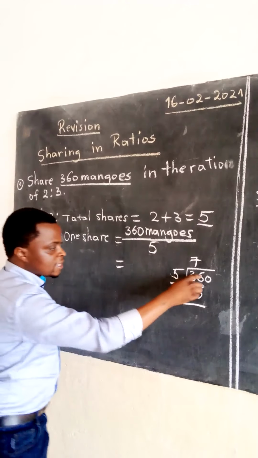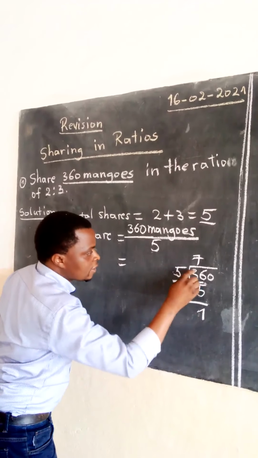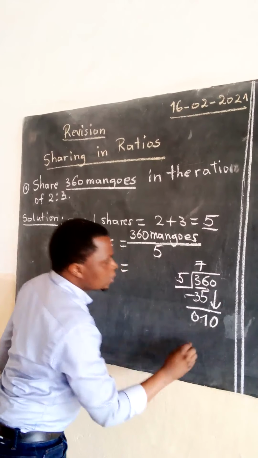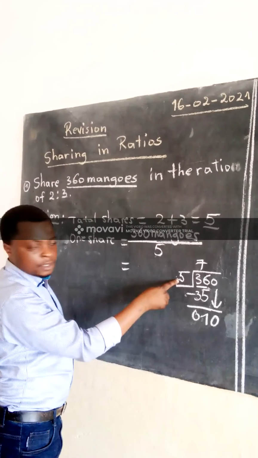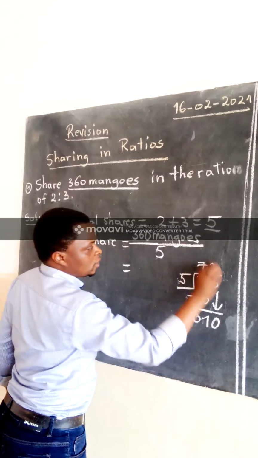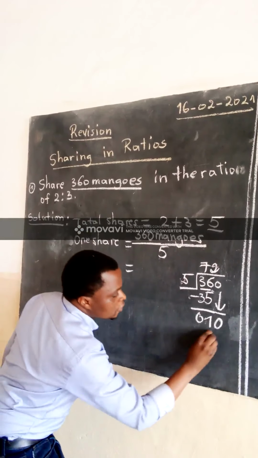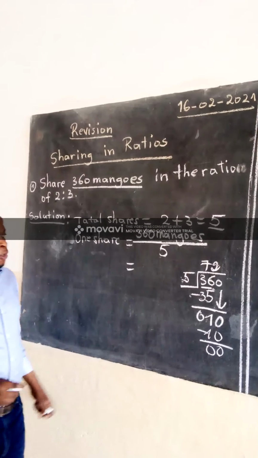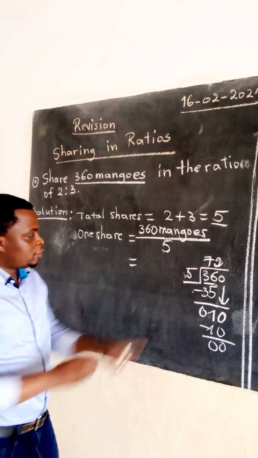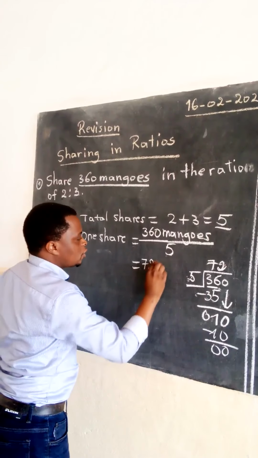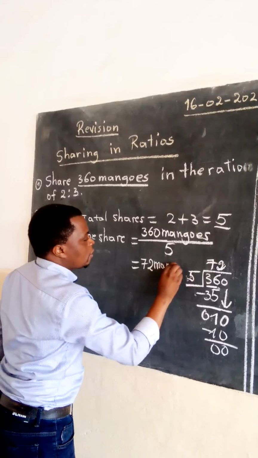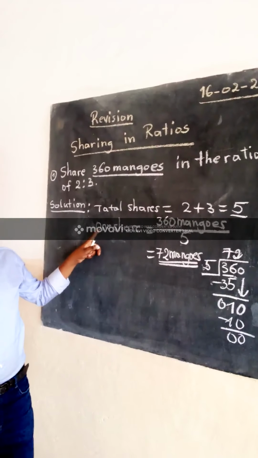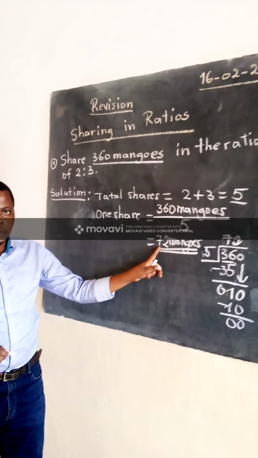Then we divide. 6 minus 5 equals to 1. 3 minus 3 equals to 0. Bring down 0. 10 divided by 5 equals to 2. 2 times 5 equals to 10. Then we subtract to get 0. Here we have 72 mangoes. This means 1 share is equal to 72 mangoes.